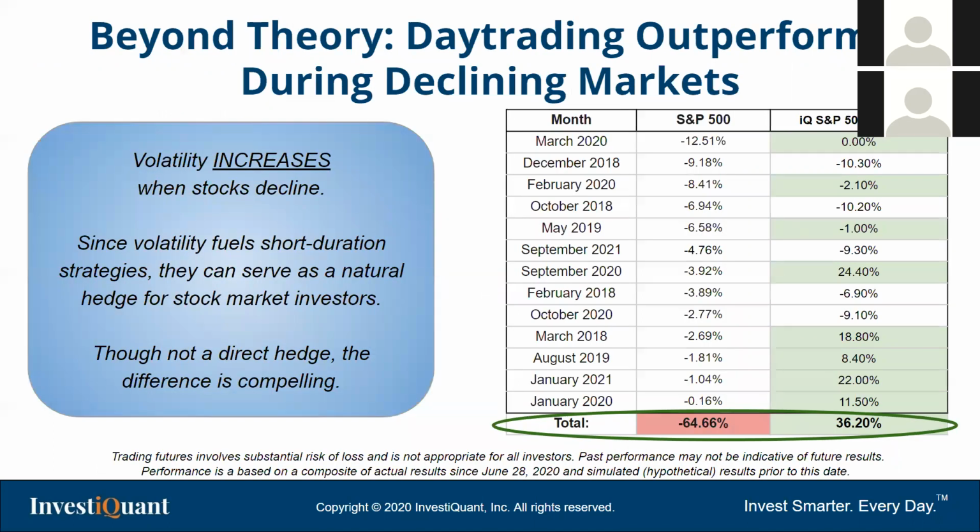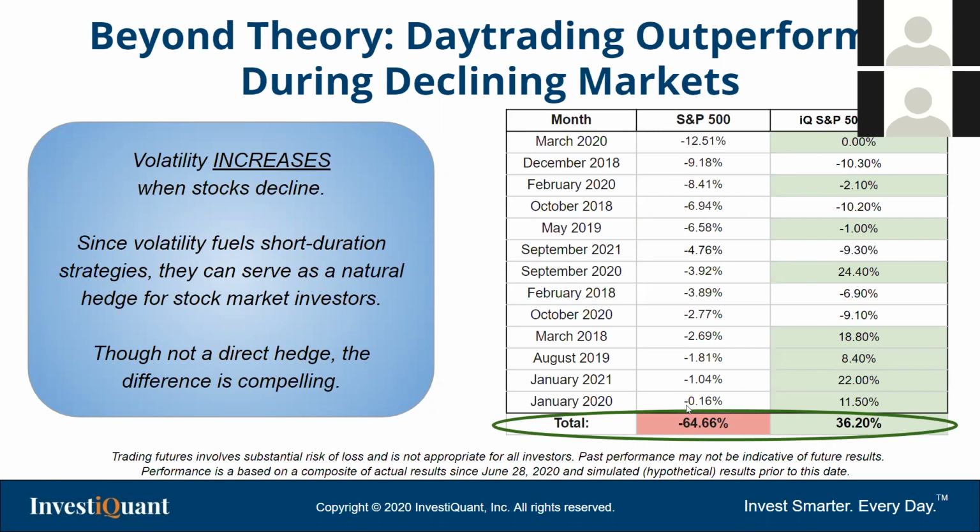So a little bit beyond just talking stats in theory, this table is a live example of how day trading can outperform during those declining markets. We put this table together with data going back to 2018 of every down month in the S&P 500, listed from its worst down month to its smallest.